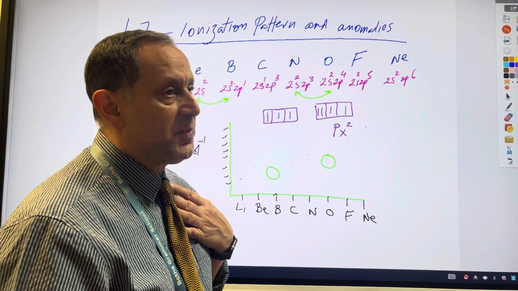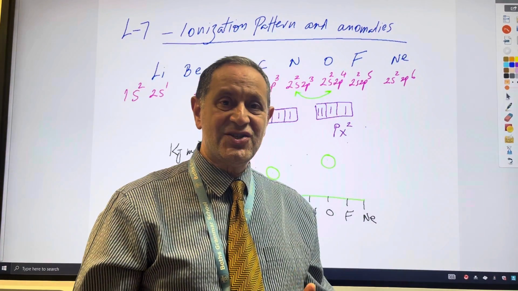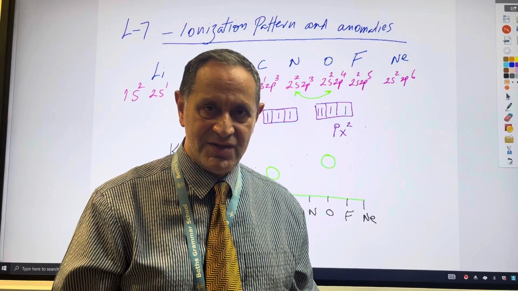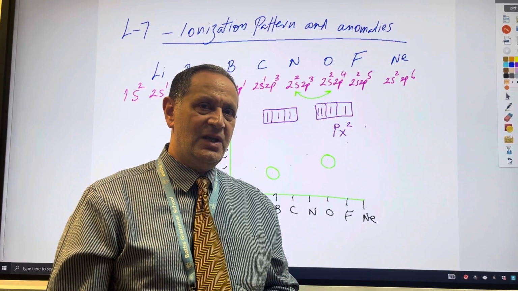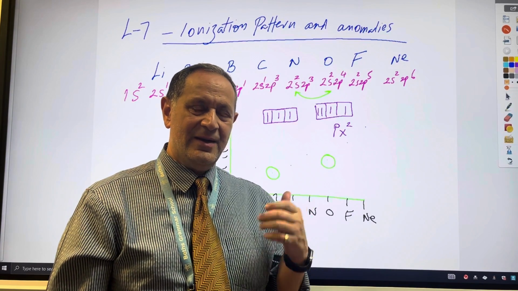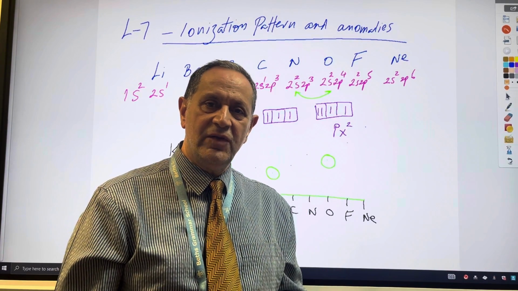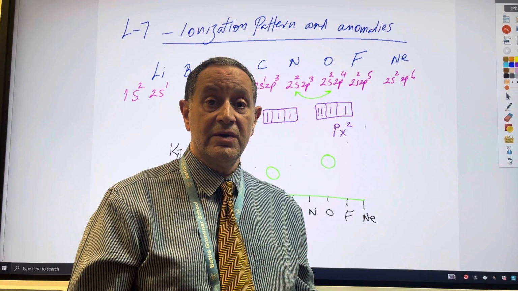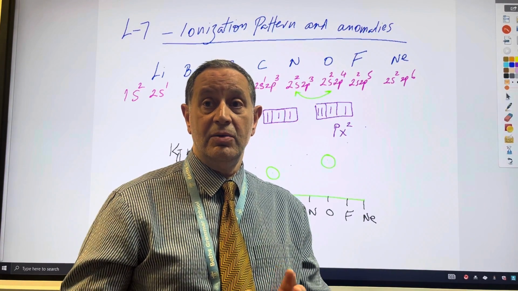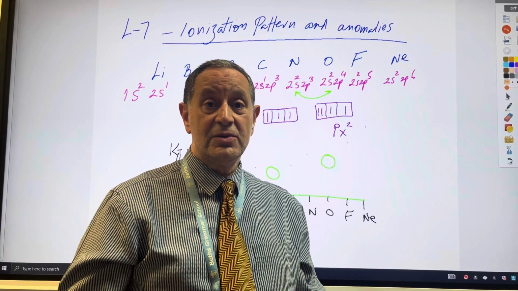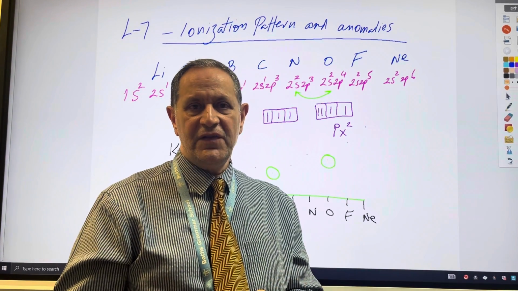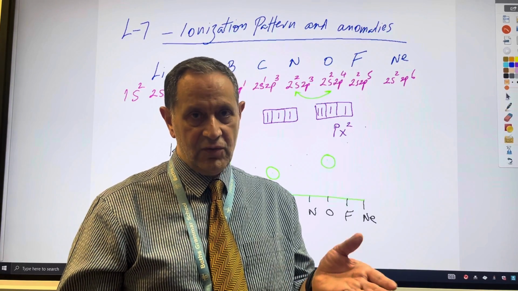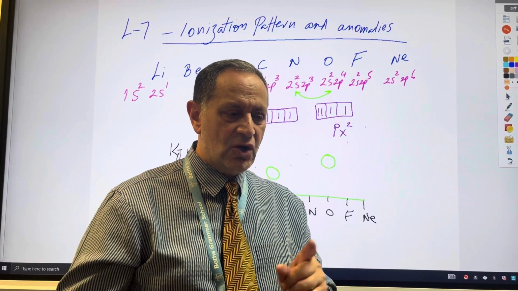So in order to explain the anomalies, which is the next step up from just talking about trends in ionization, we need to know about electronic configuration that hopefully you've already learned. And now the significance of this electronic configuration, the idea of how stable certain orbitals are, the fact that half-filled orbitals and fully filled orbitals tend to be stable, particularly fully filled orbitals, and then the comparison.